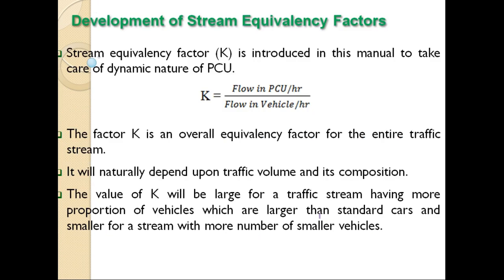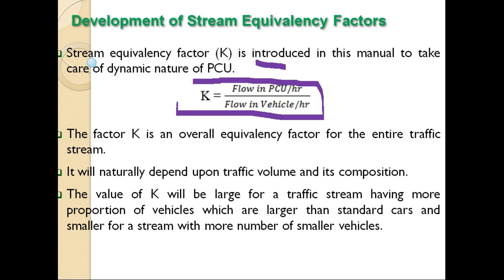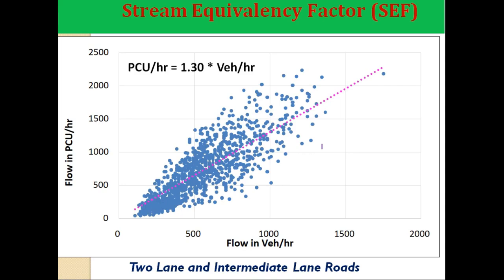Another new concept which is introduced in this manual is the stream equivalency factor. Now you need not determine PCU for individual vehicles. Rather, you can find out the overall PCU factor for the entire traffic stream. So what we did here, we plotted flow in PCU per hour and flow in vehicles per hour.